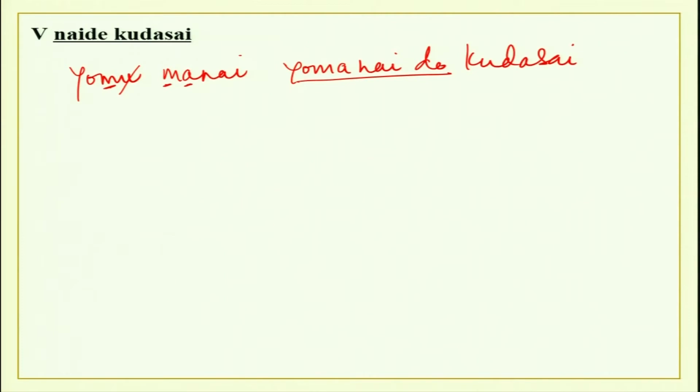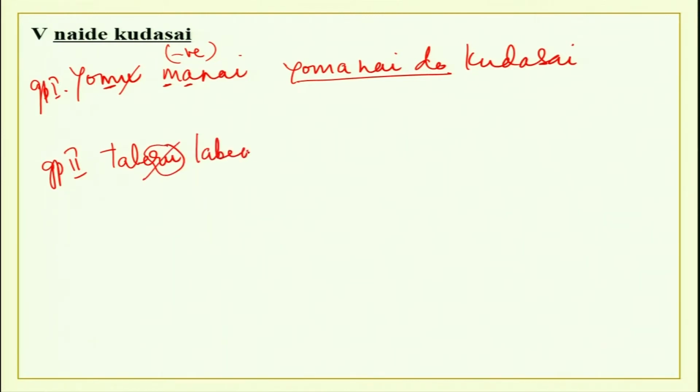So, both ways you can see from yomu, make negative plain form and then do the de kudasai for group 1. Then for group 2, you can do taberu, remove the ru, put tabenai, negative, and then tabenai de kudasai.